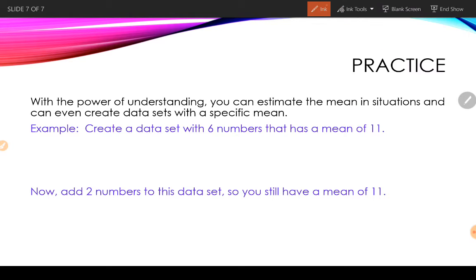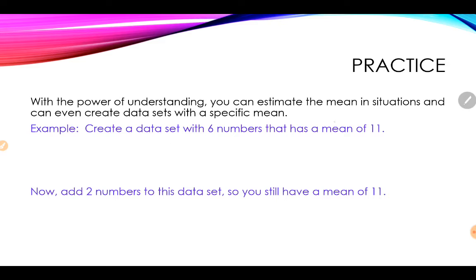For example, maybe you already know that the first 5 numbers of the set are actually 2, 3, 4, 5, and 6. All 5 of those numbers are below 11. So I know that that sixth number better be above 11 and still balance out those differences. So thinking these are all numbers that are below 11, and how far below?